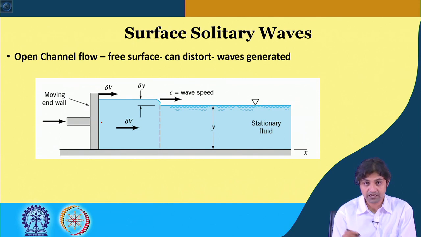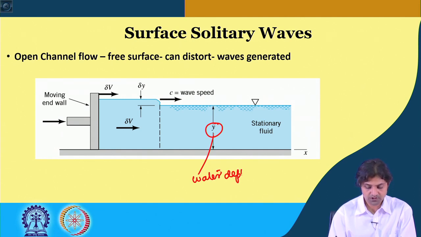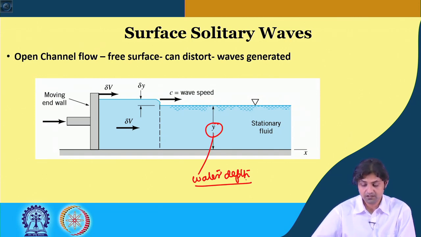We will derive something in our upcoming slides for that. So, in the beginning, as I said, the water depth is denoted by y. I will explain what each term indicates. So, water depth is given by y.